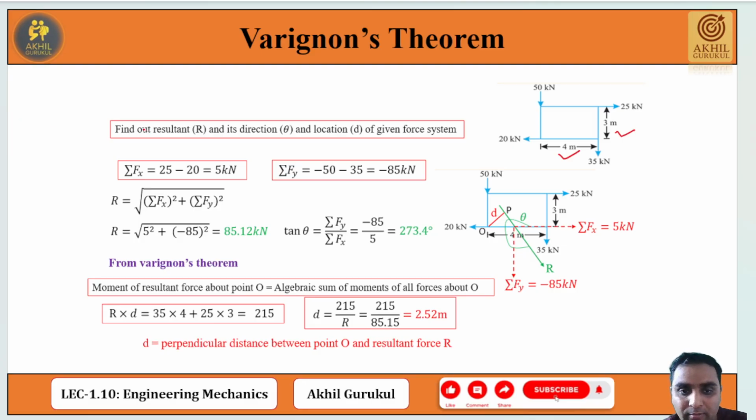Here we have to find the resultant, its direction and the location of the force system. हमको रिजल्टेंट निकालना है, डायरेक्शन निकालना है एंड लोकेशन ऑफ रिजल्टेंट. सो सबसे पहले हम लोग क्या करेंगे, अलजेब्रिक समेशन ऑफ एफ एक्स, माने एक्स डायरेक्शन में जो फोर्स लग रहे हैं उसका नेट निकाल लेंगे.